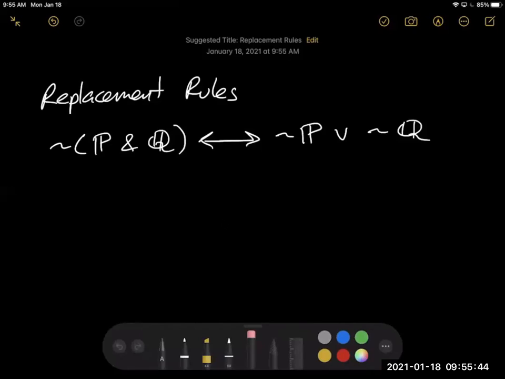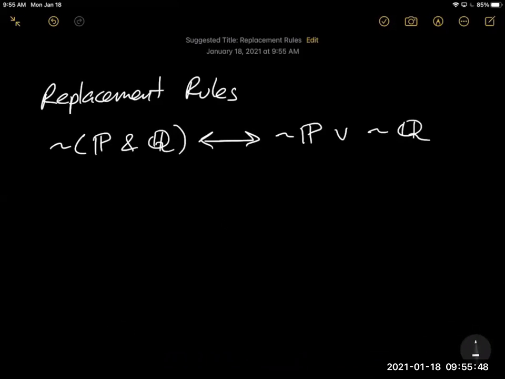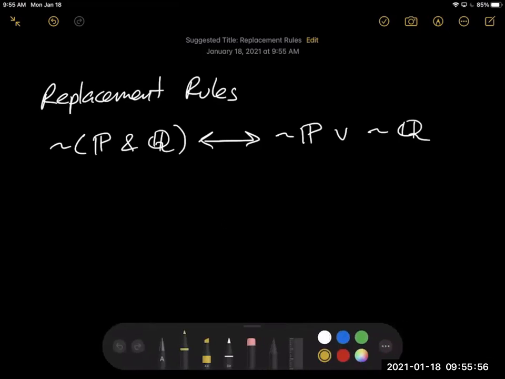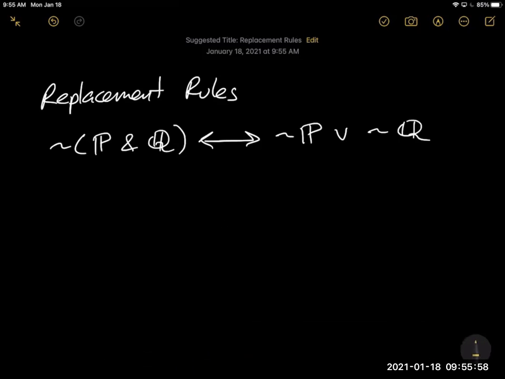But the second thing I want to say before we actually get into using replacement rules within greater sentences is that the way you want to think about it, at least the way I learned it, was that now you're looking at, in many cases, two operators. For example, let's just look at, for a second, this is called De Morgan's, DM.